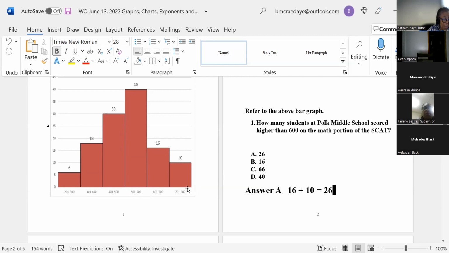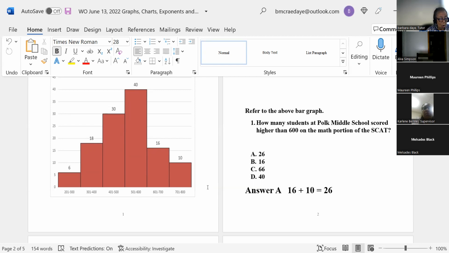But now, if I ask you how many students scored lower than 501, what would be your answer? I would say 18 and 24.